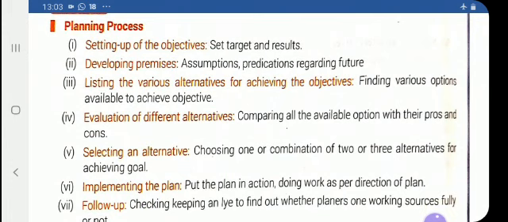A manager always selects an alternative that appears to be most viable, that is suitable, cost effective. Of course, the cost factor should also be taken into consideration, along with the least negative implications.